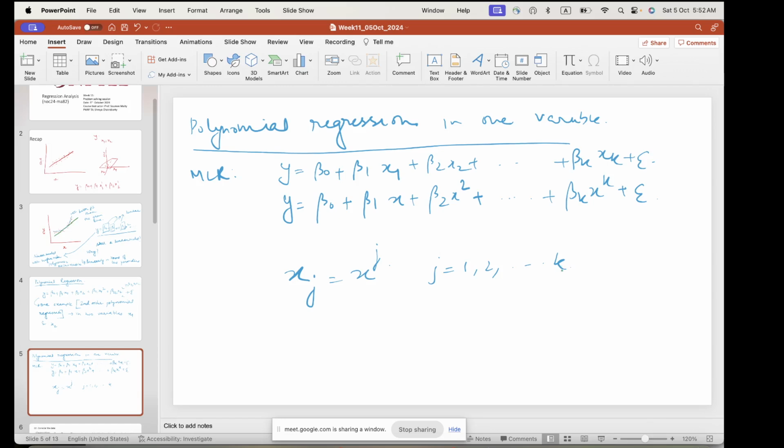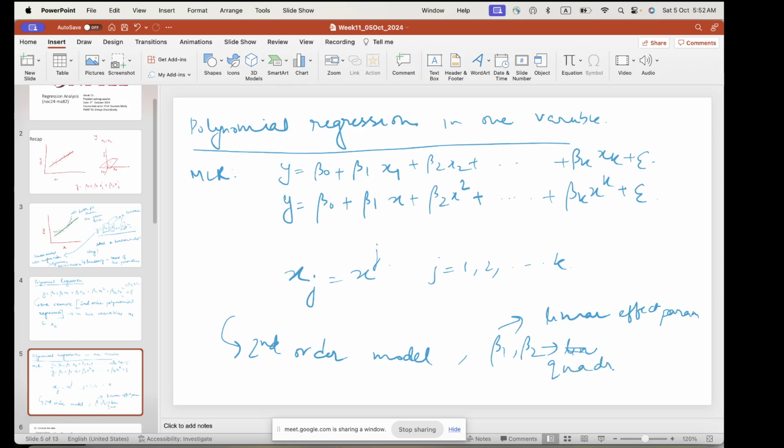So this is actually a second order model. Beta 1 is the linear effect parameter, and beta 2 is called the quadratic effect parameter.